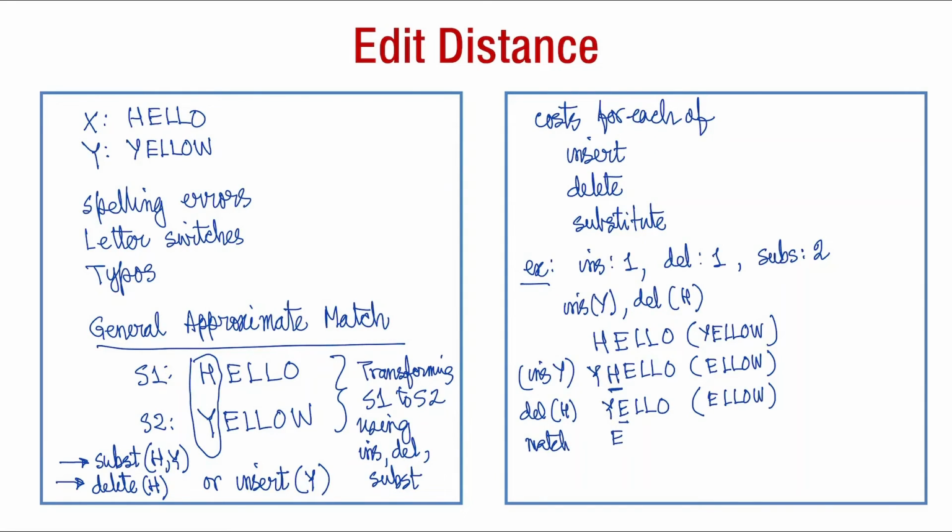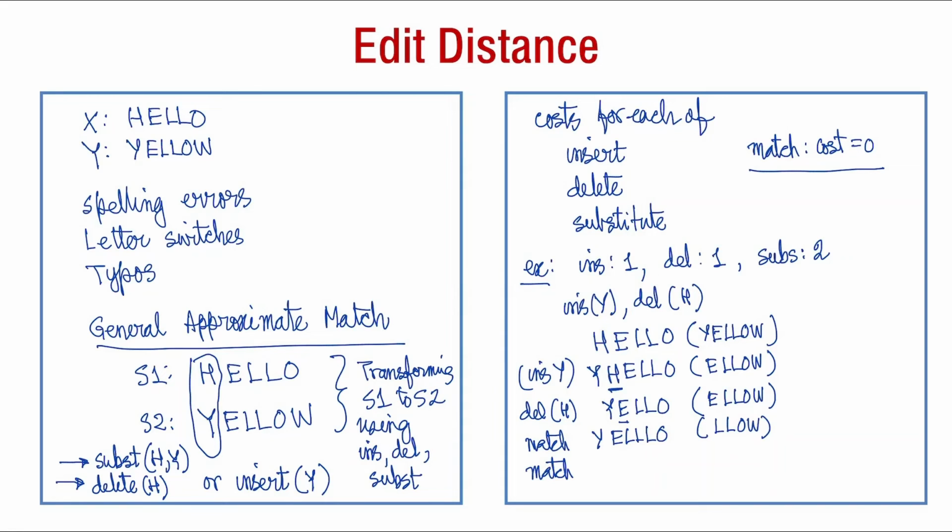So I will get YELLO, and this becomes LLOW. Then again match, and match costs are 0. So for us, match cost equal to 0.